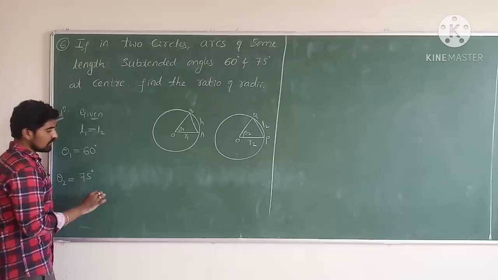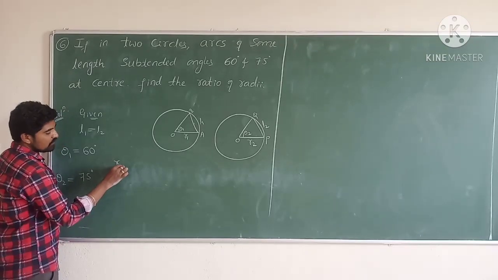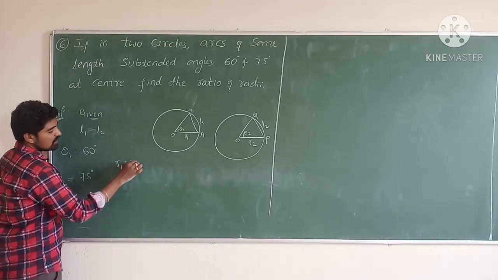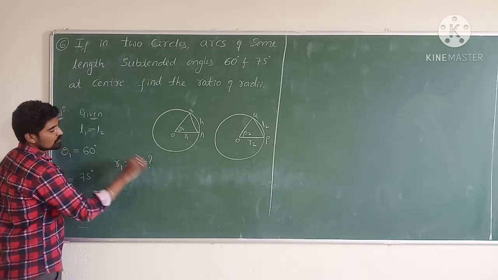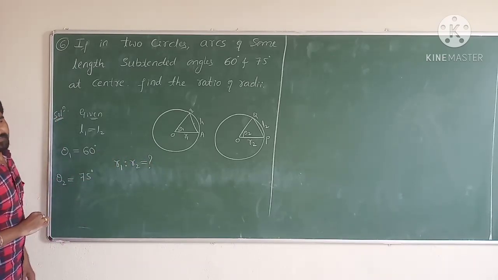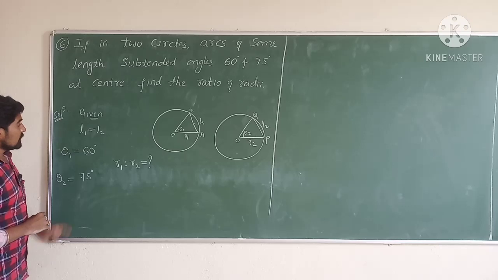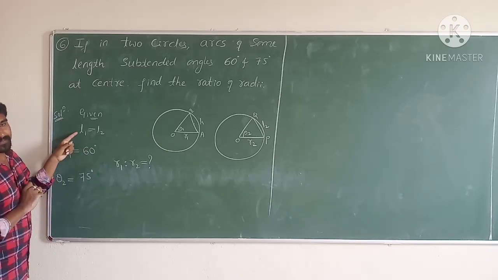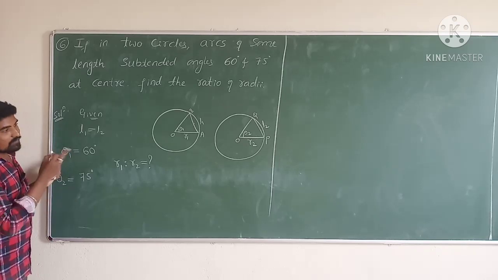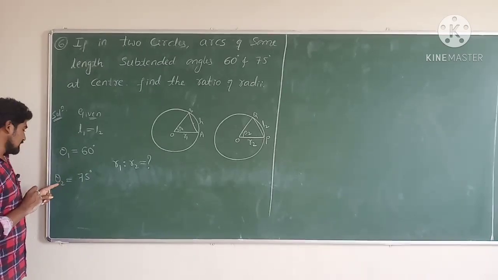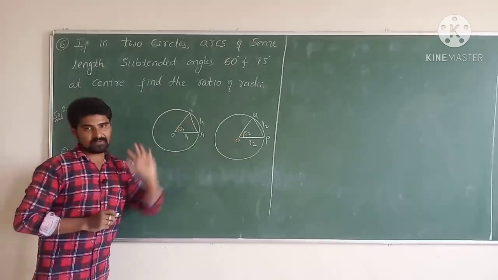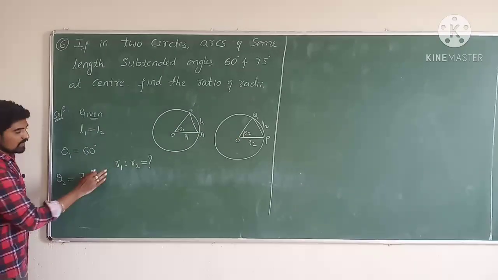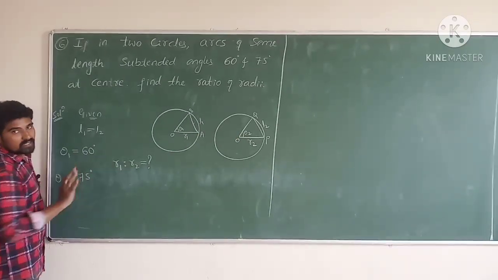So we need to find out the value of R1 is to R2 is equal to question mark. For that we know the values of L of both the circles are same, and theta 1 for the first circle is 60 degree and theta 2 is 75 degree.